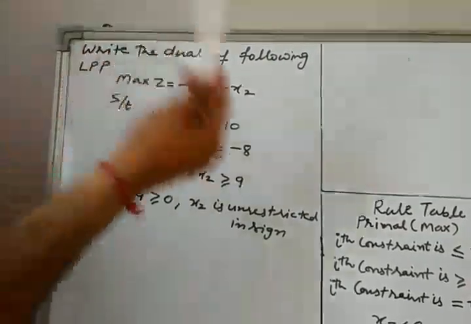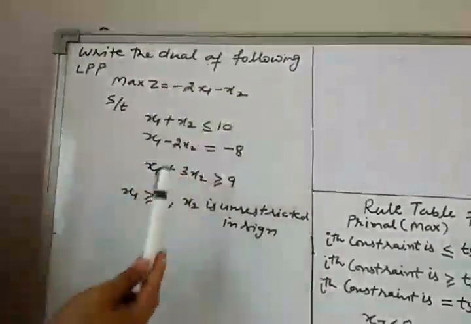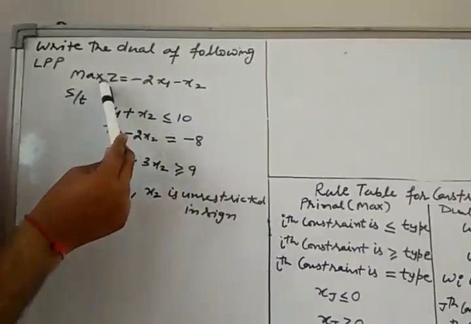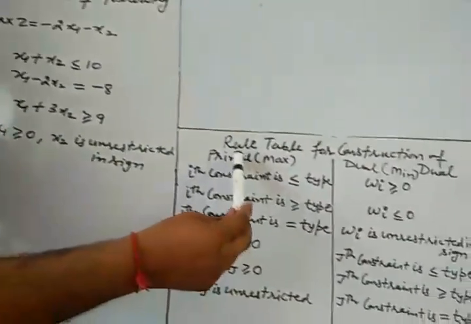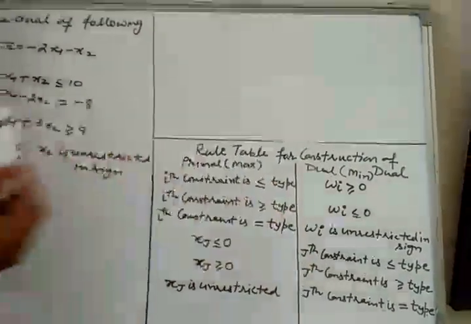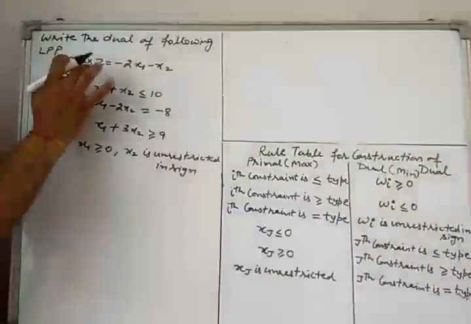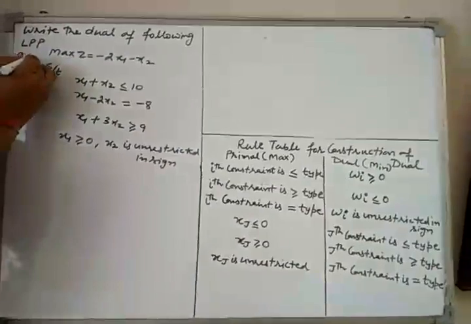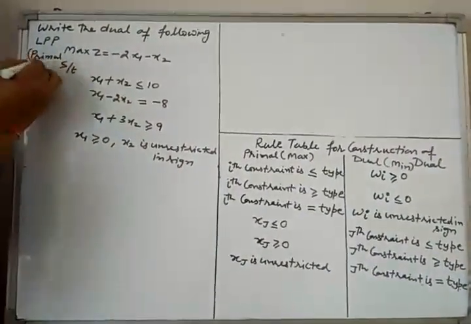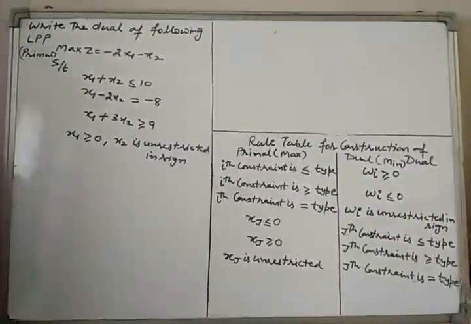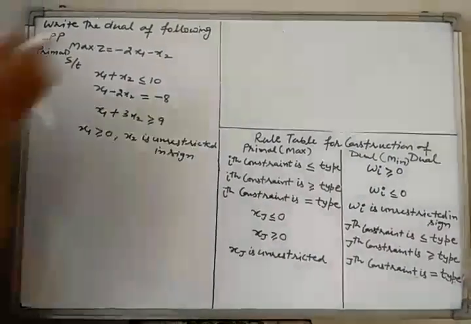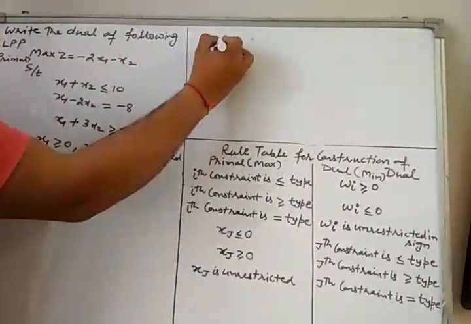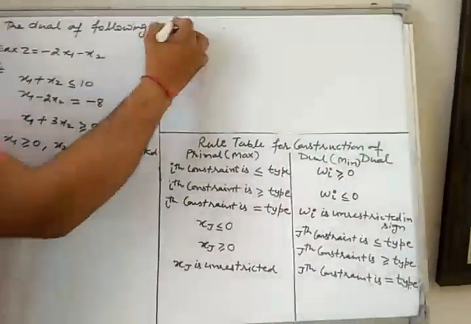Now we have to write its dual, that is a minimization problem. Because the primal is a maximization problem, we move left to right. Primal is a maximization problem, therefore its dual is a minimization problem.